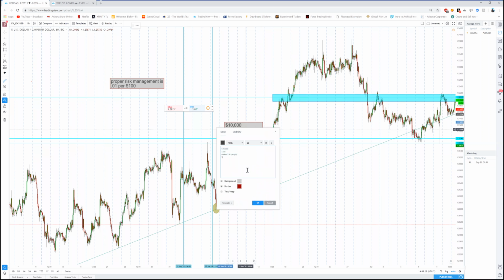So 520 pip profit. Is everyone familiar with what drawdown means? I'm just going to say DD for drawdown.